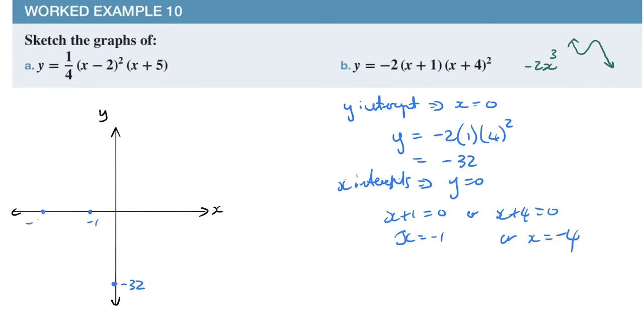Negative 1, negative 4. If I'm looking at this shape, and at negative 4 is where x has a turning point, it means that my graph needs to turn at negative 4 and it needs to have this shape.